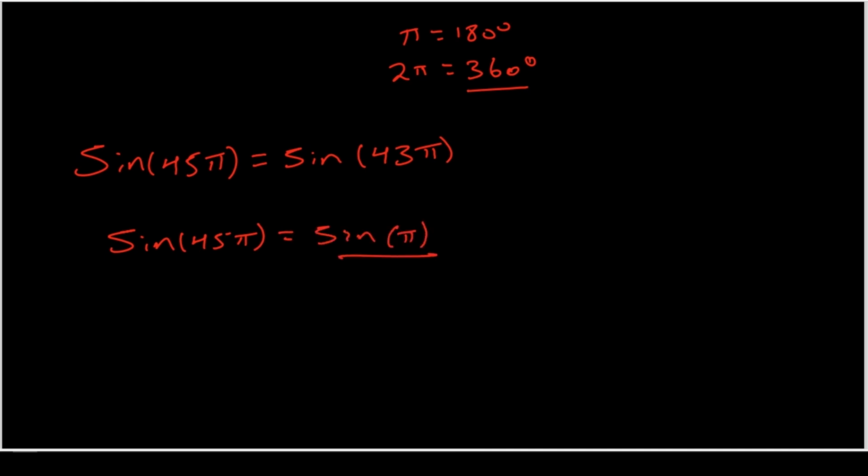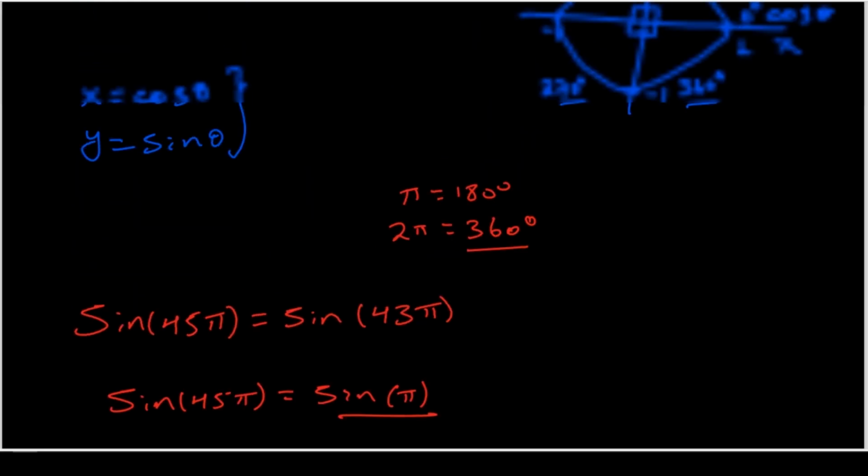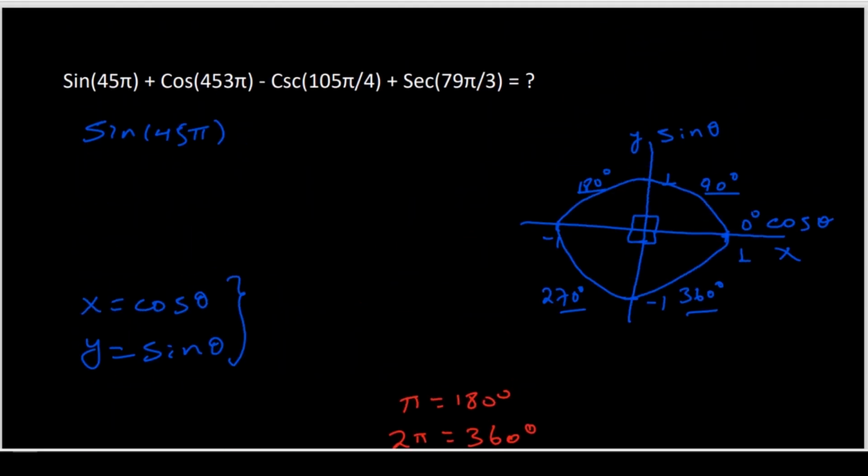Now sine pi, from the graph that I just drew and showed you, what does sine pi mean? Since I told you sine is related to the y-axis right here, starting from this 0 degrees point, if I go 180 degrees, I'll end up at this point right here.